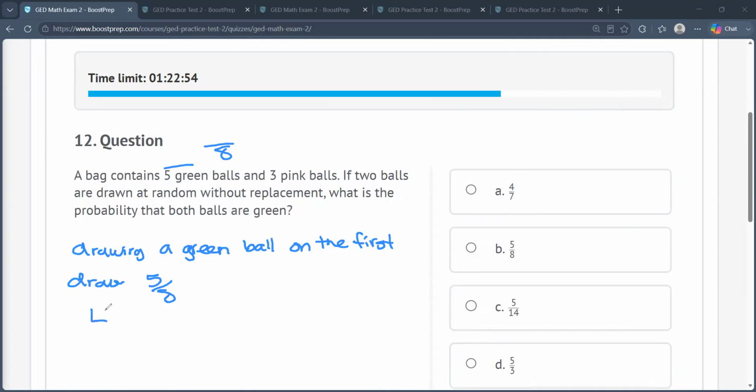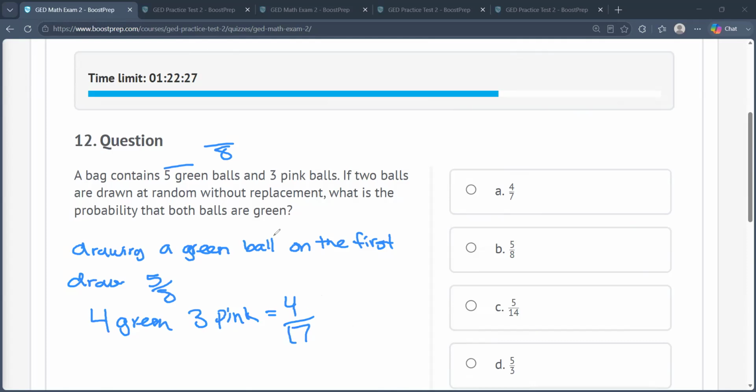So now there's going to be 4 green balls, but still 3 pink ones, right? So that would be 4 out of 7. For the second trial of getting a green ball, there's going to be 4, and then there's 3, so the total amount is 7.